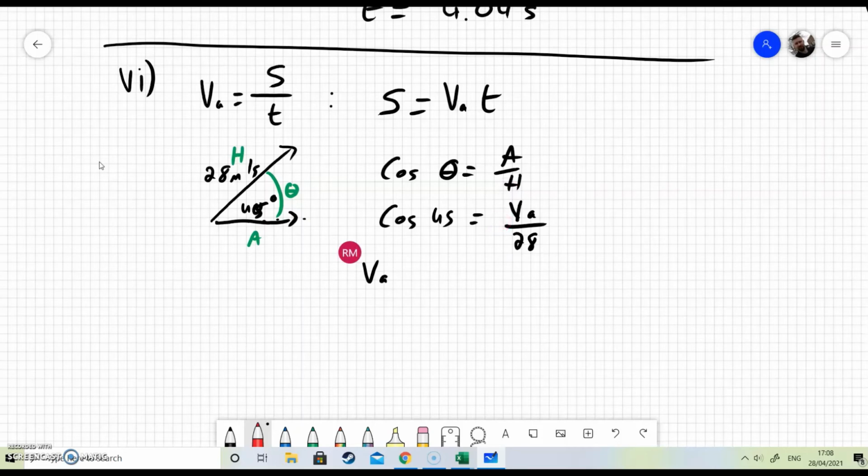So my average velocity in the horizontal direction is 28 times the cos of 45 degrees. That means my average velocity will have a value, if I do that on the calculator, very same as the last question, 19.8 meters per second.